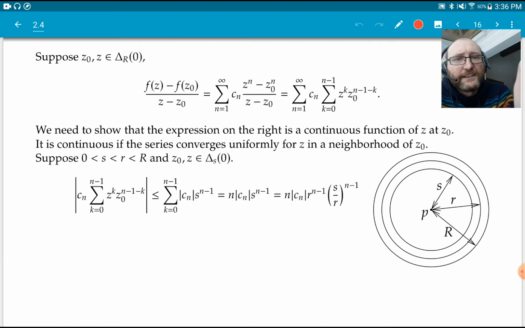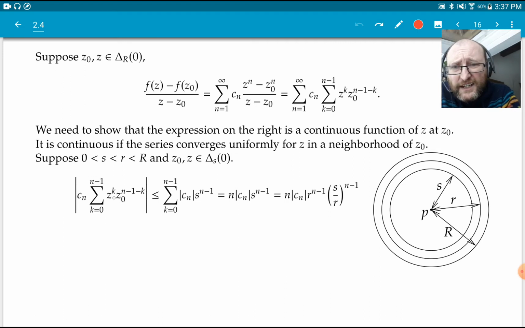So let's look at the absolute values here, since we're going to show that it converges uniformly and absolutely. Let's look at these terms of the series, and we just apply the triangle inequality to put the absolute values inside.